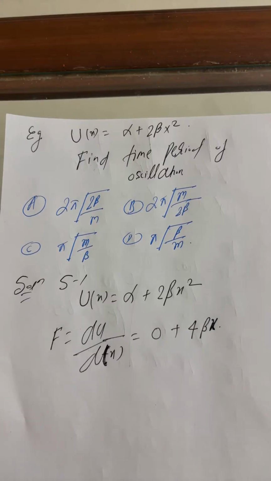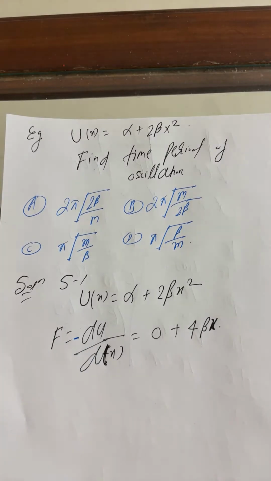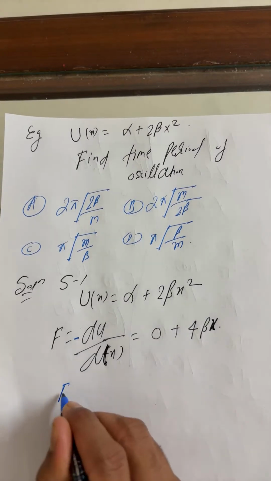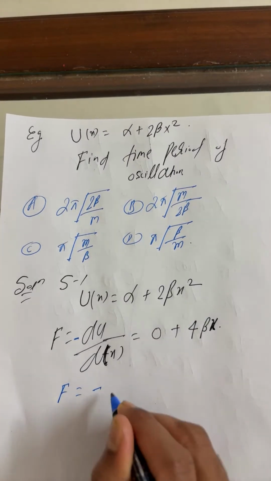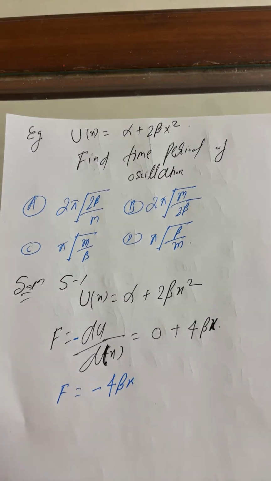Now, if you remember, we have to put a minus sign. F is equal to minus dU by dx. So finally you will get F is equal to minus 4 beta x.